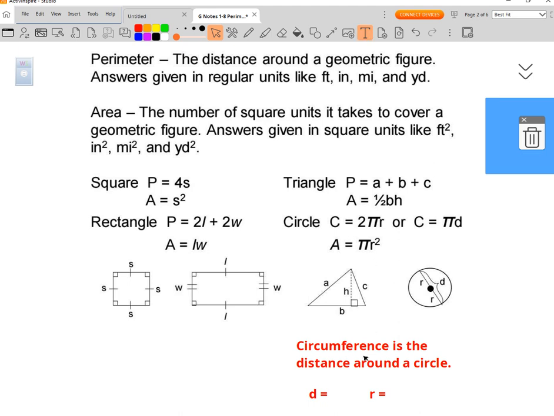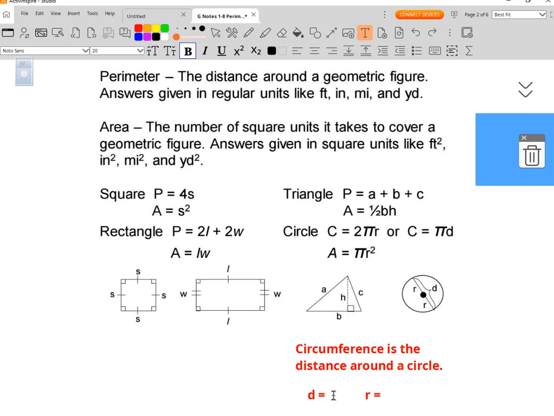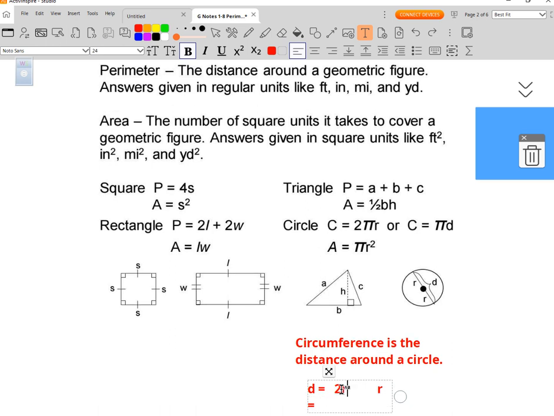Maybe I can type it. Okay, 2 times the radius. I'm just going to use that because I won't be able to insert an equation when this board is not working.